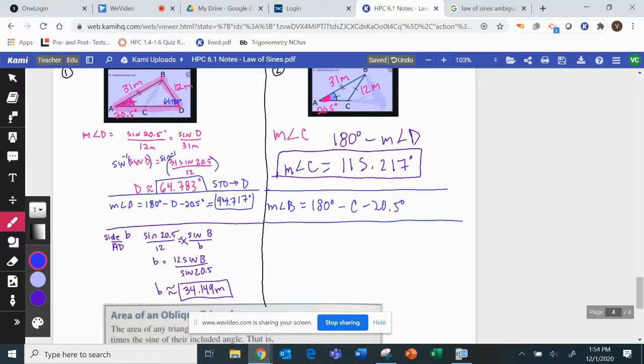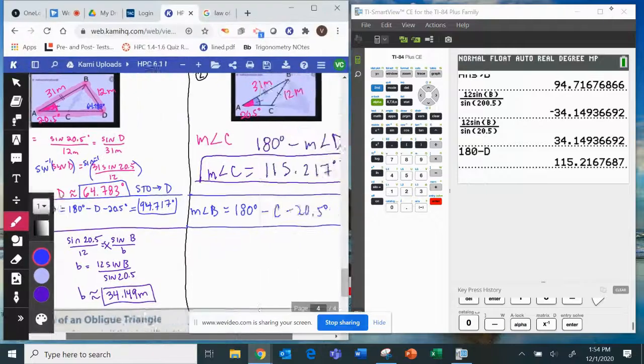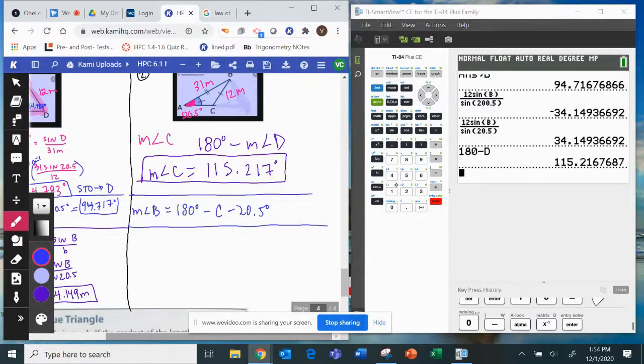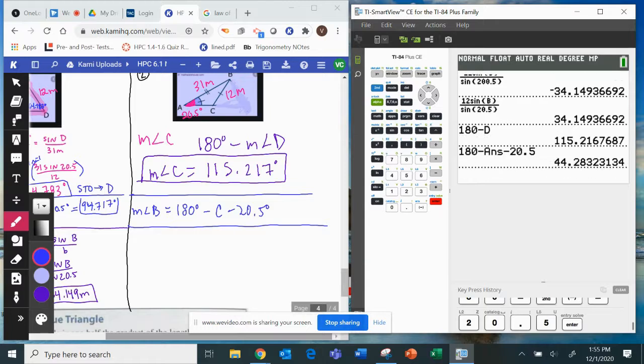Like we're doing the exact same stuff for every step. It does go a little bit faster the second time, especially if you don't have to wait for my slow computer here. There, I didn't store it. I just used answer for that one. 44.283.